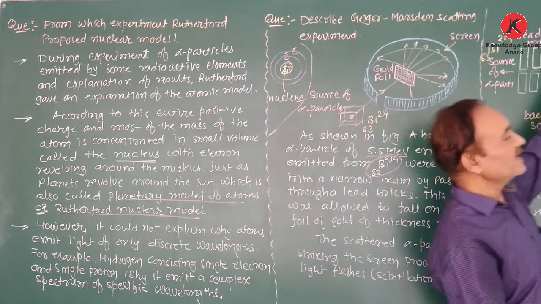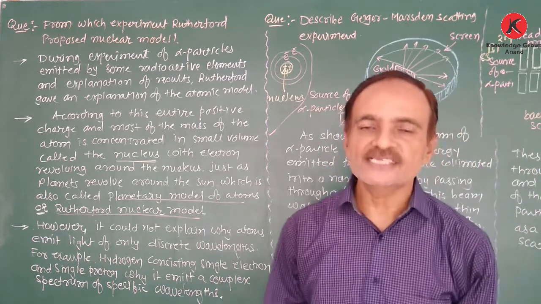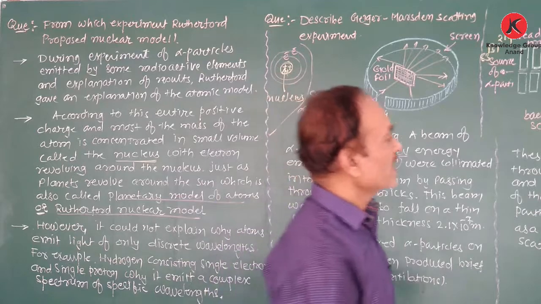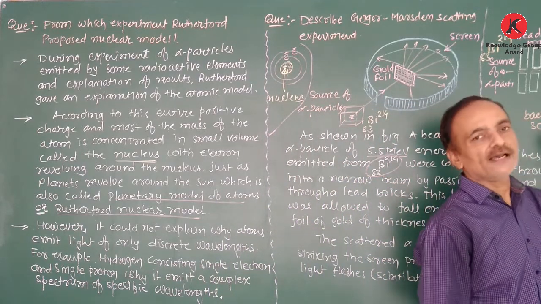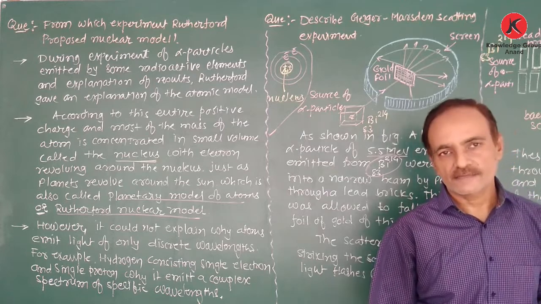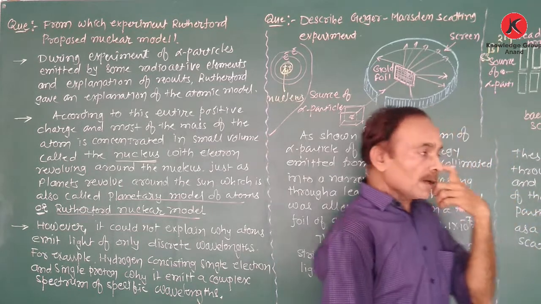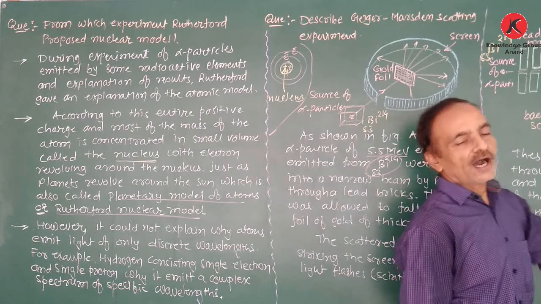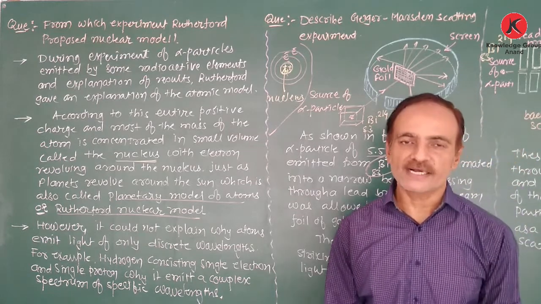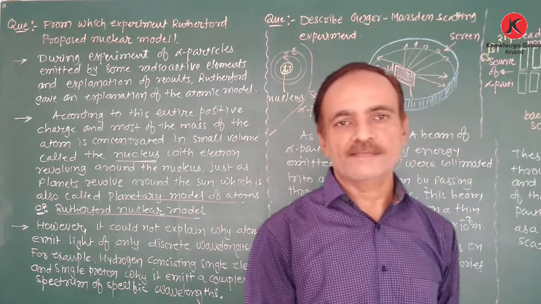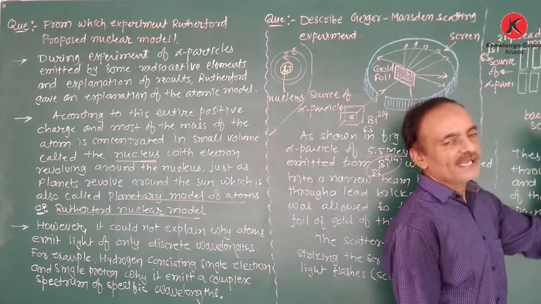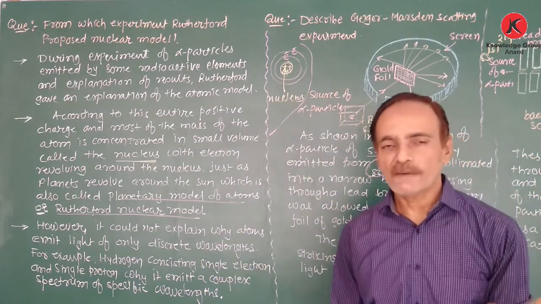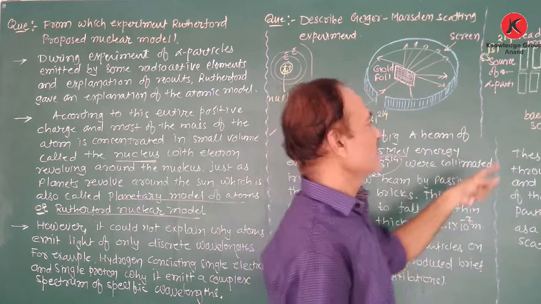Due to that, a circular screen is placed, and a microscope is also placed, and this microscope is movable through 360 degrees. So we can judge how many alpha particles are scattered at a small angle, how many at a large angle of scattering, and some in the back direction.